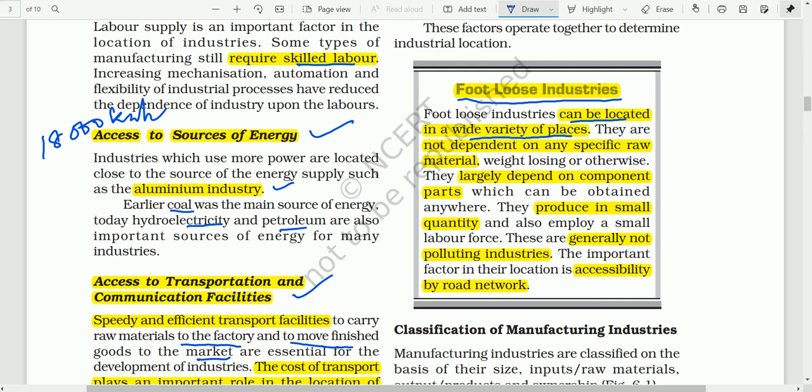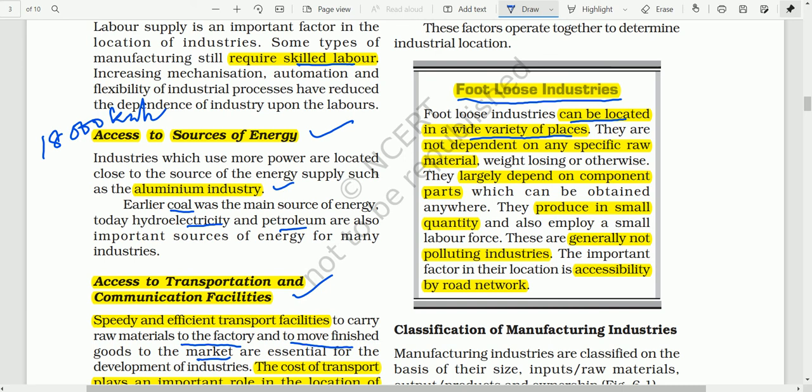So the factors we discussed above do not affect the location of these footloose industries. That means they can be located anywhere on the surface of the earth. These are not affected by the factors influencing industrial locations.